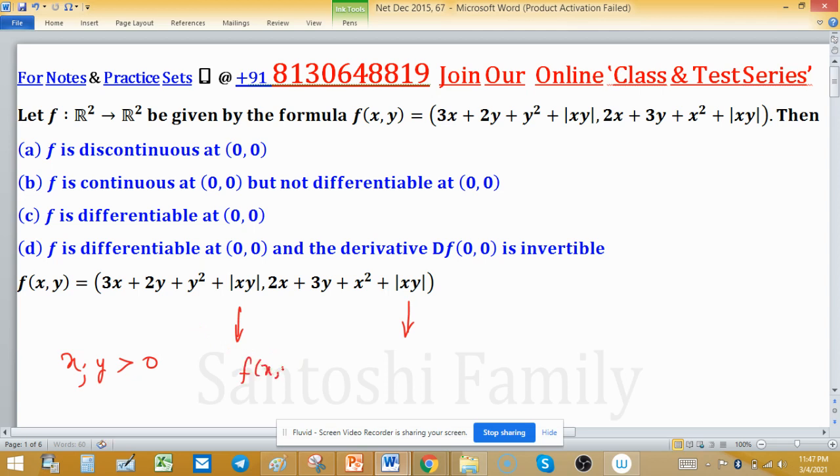So f(x,y) will be 3x plus 2y plus y square plus xy, or you can take absolute value 2x plus 3y plus x square plus xy.